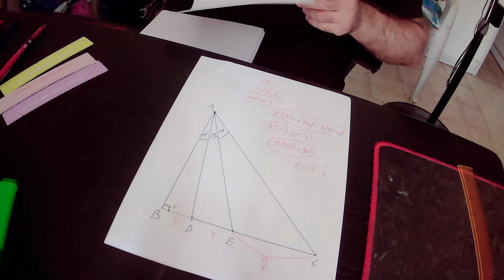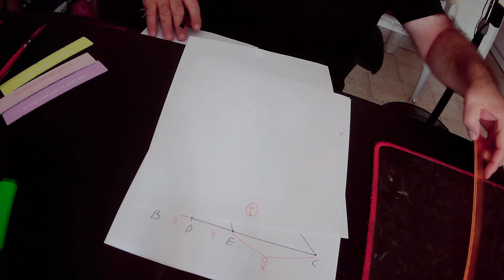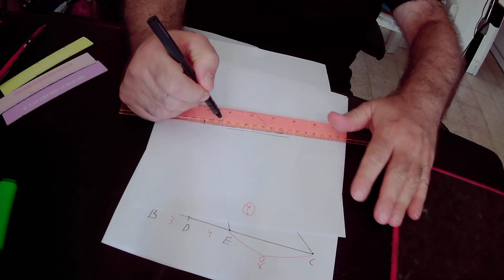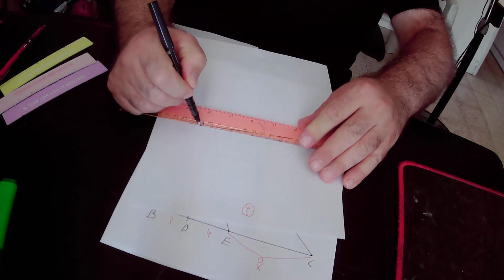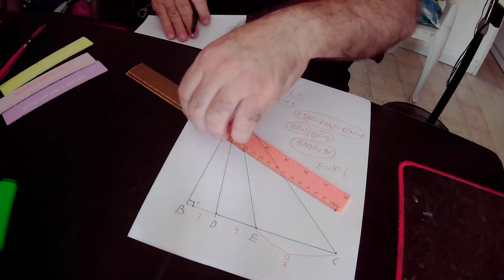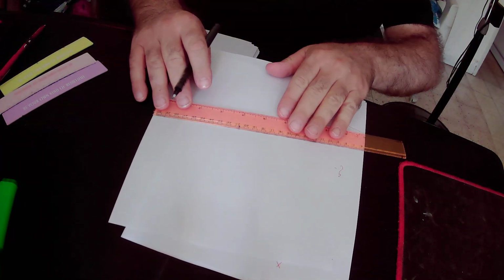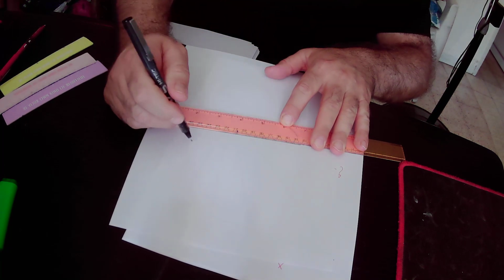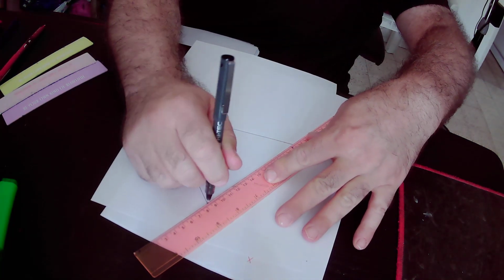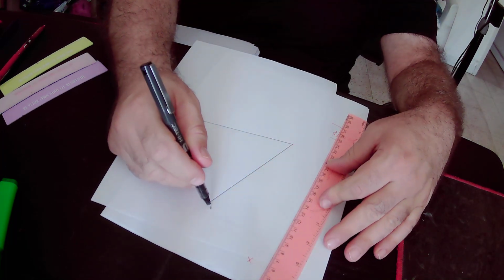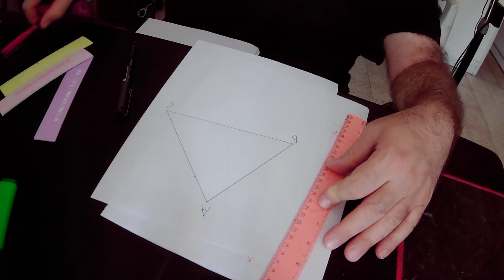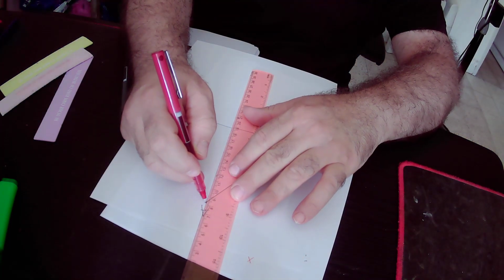If we have triangle ABC, and we know that AD is angle bisector of triangle ABC.